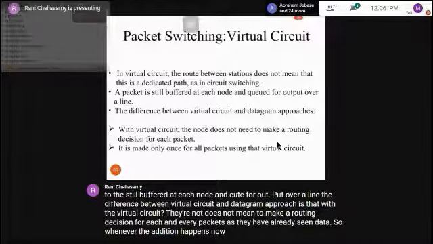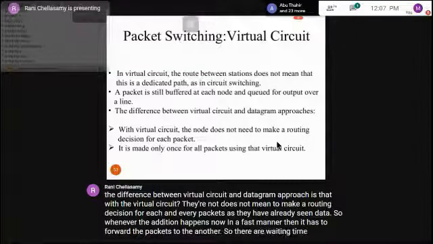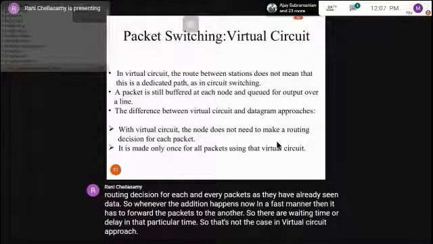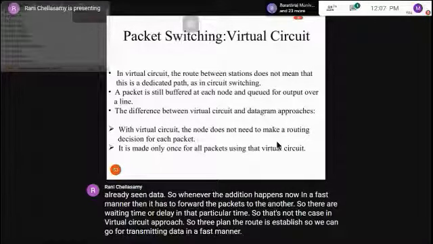Then it forwards the packet to the next node. So there is waiting time or delay in that particular time. That's not the case in the virtual circuit approach. Since a pre-planned route is established, we can transmit the data in a fast manner when compared to the datagram approach.